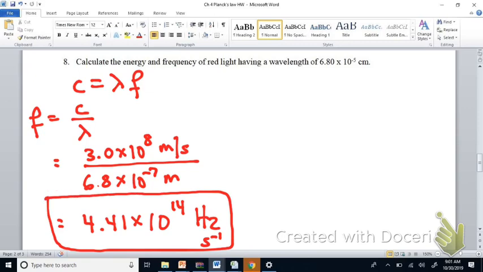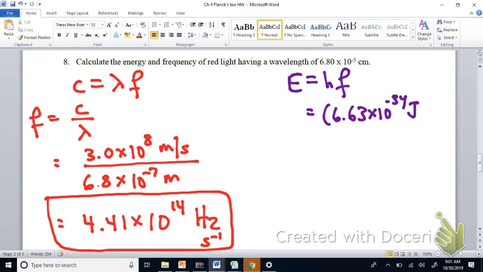Now for the second part of the question, we want to find the energy. Again, my advice would be to use the frequency because I think ultimately you'll do less work. So E equals hf, 6.63 times 10 to the minus 34 joules times seconds, times the value we just found, 4.41 times 10 to the 14 inverse seconds. And of course, the seconds will cancel.